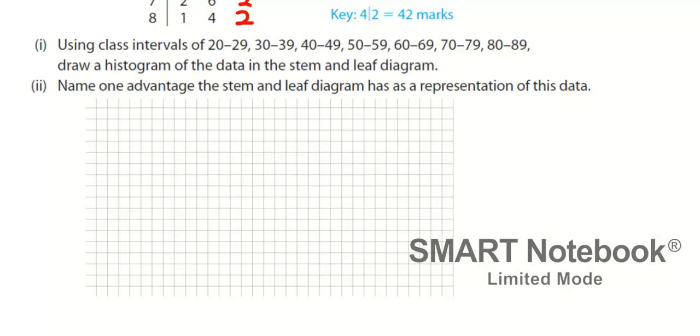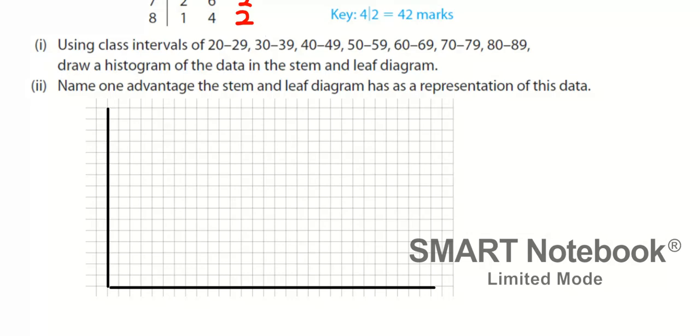Now, this question is poorly designed because you might do 20 to 30 instead of 20 to 29. So here we go. I'm going to start at 20, it's 30, it's 40, it's 50, 60.